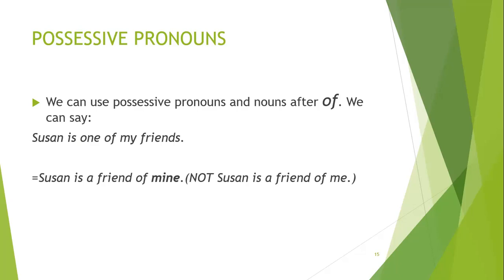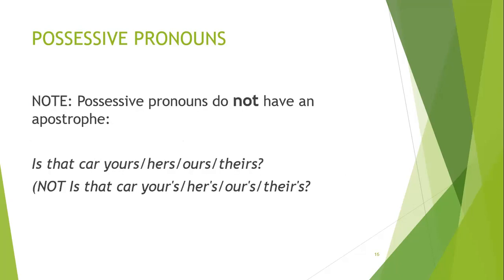So Susan is a friend of mine, not Susan is a friend of me. No, you're using the possessive. She belongs to you. She's your friend. Now, like I've been saying, the possessive pronoun does not take an apostrophe. So watch out when you're using it. I see this a lot on posters and people's writings when they write yours and then they put an apostrophe s. Yours, hers, ours, possession, doesn't take any apostrophe.